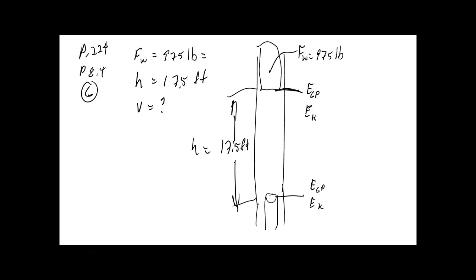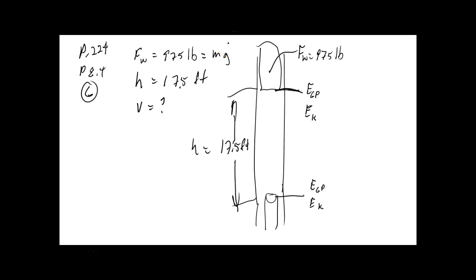I can't remember if it was this chapter or the previous chapter, but what is weight? Force due to weight. It's one we've already talked about today, but we didn't call it weight. Mass times the acceleration due to gravity. That's it exactly. This is the mass times the acceleration due to gravity.